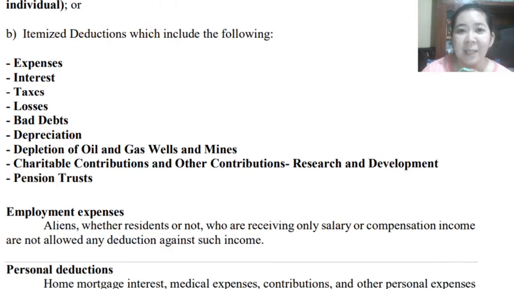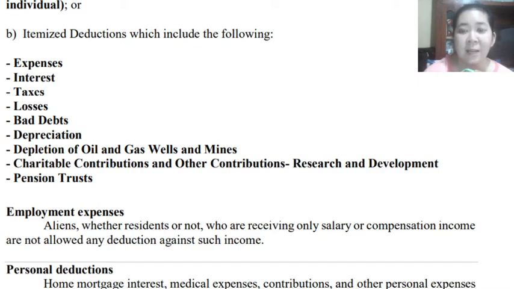So for the itemized deduction, we have the following. You are allowed to deduct the expenses. As we go along, we will discuss what expenses are not included as allowable deductions.